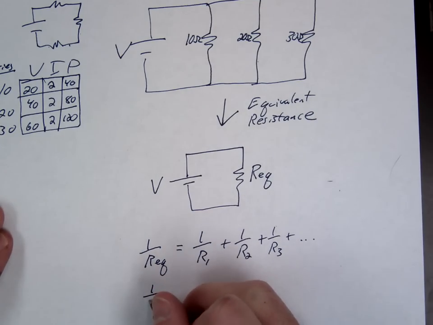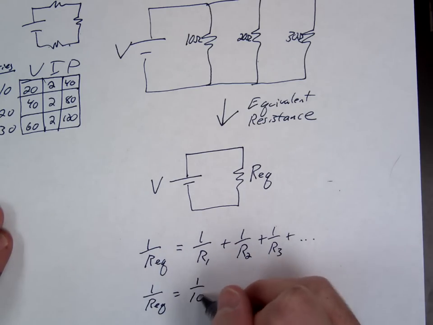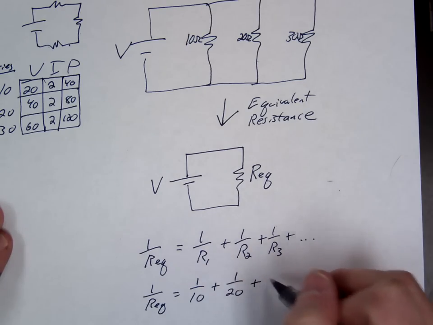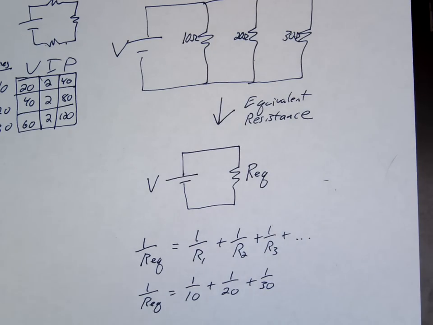So 1 over Req equals 1 over 10. Please try to do this in your calculator. Actually, this one you could probably just do fractions. It's easy enough, but do it with your calculator. It takes people at least 1 or 2 tries before they can feel comfortable doing it.